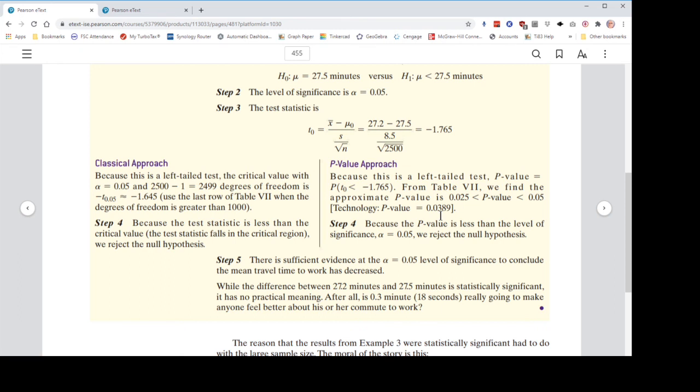The difference in the travel time, 27.2 and 27.5, is 0.3 of a minute. 0.3 of a minute is 18 seconds. So yes, travel time is reduced. Yes, the results are statistically significant, but is 18 seconds really going to make a difference for anybody?